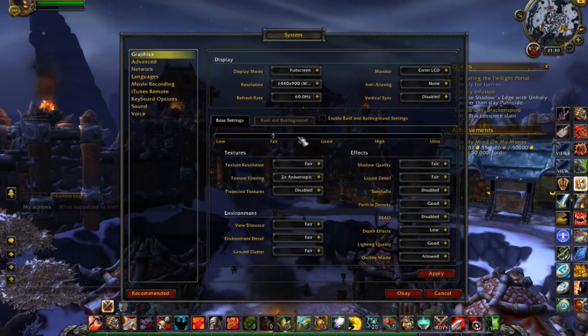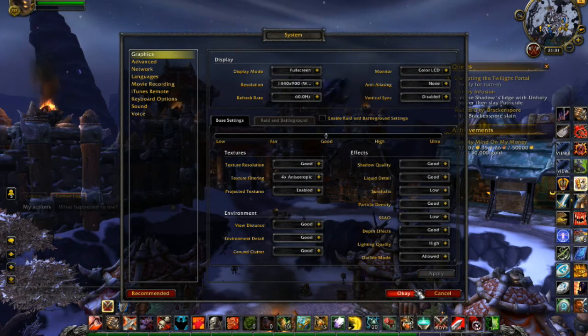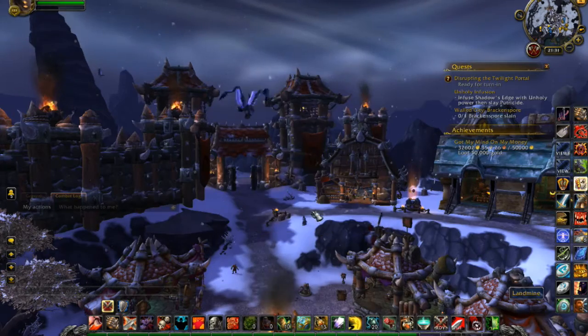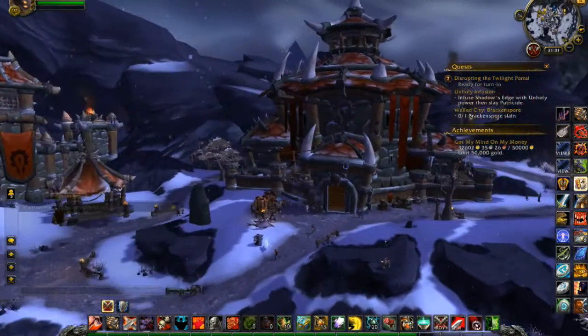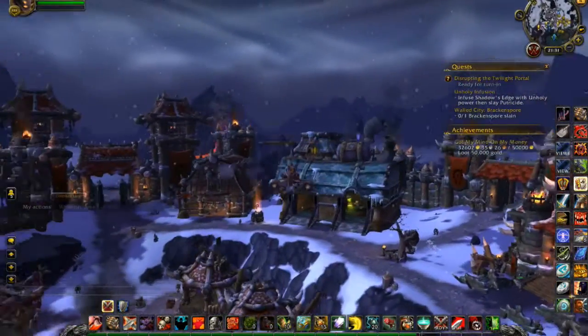So I'm cycling up to the good settings, still more than enough frames per second, and again more details and drawing distance. So moving on to the high settings.